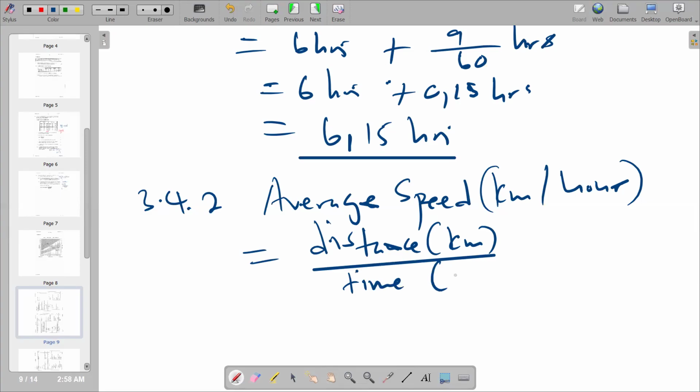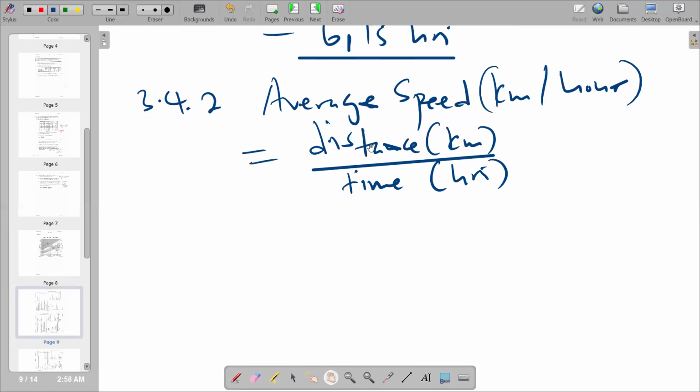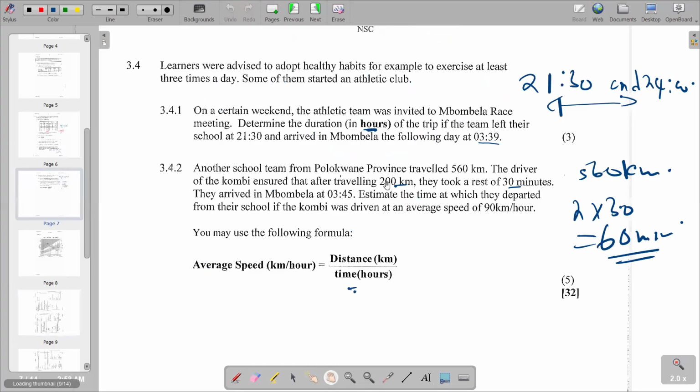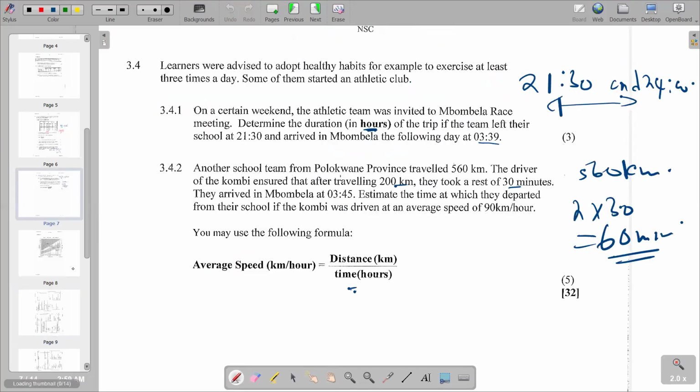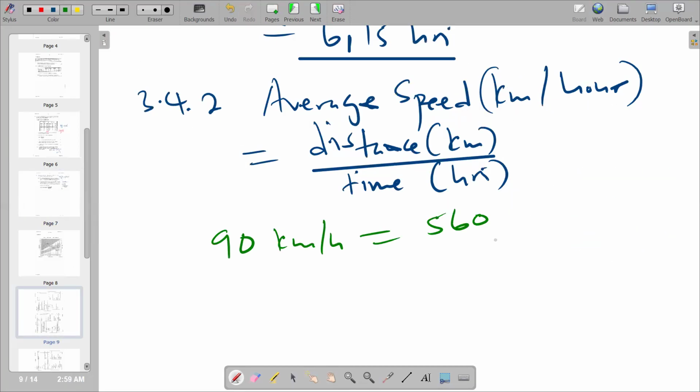Time is in hours. So this is the formula that we're going to apply, whereby the average speed that was used was 90 kilometers per hour. It's now simple. We are going to say 90 kilometers per hour, this is our speed, is equal to our distance. Distance traveled, we're given as 560.